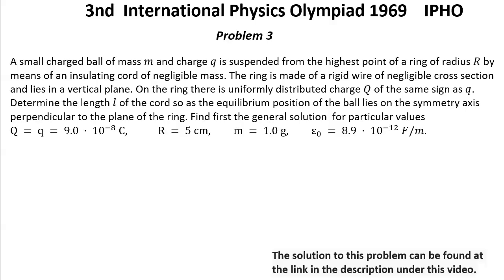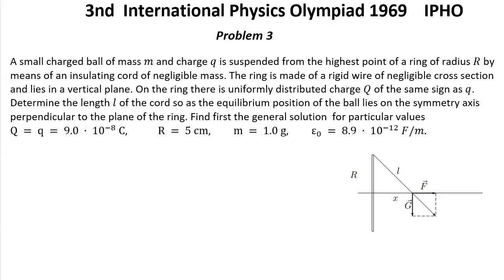Find the general solution first, then for particular values: big Q equals small q equals 9.0 multiplied by 10 to the power negative 8 coulombs, R equals 5 centimeters, M equals 1 gram, epsilon 0 equals 8.9 multiplied by 10 to the power negative 12 farads per meter.